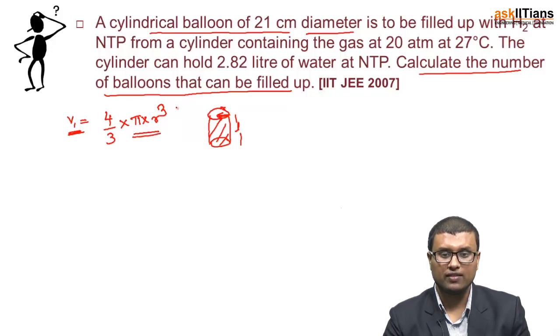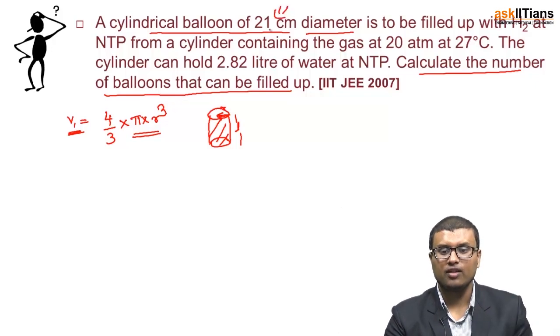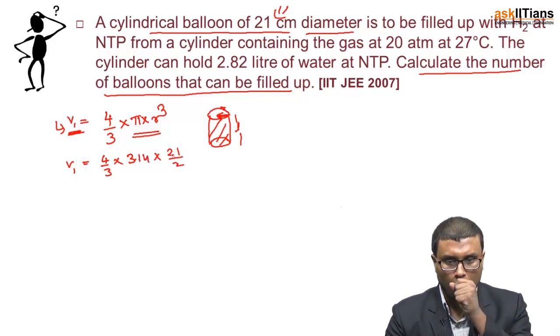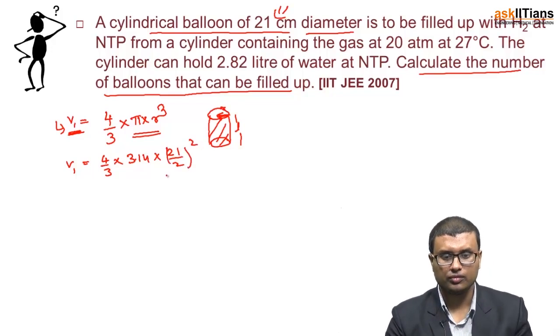Now since R is given, the R value is 21 centimeters, the volume can be 4 by 3 into pi 3.14 into r cube. So the volume of the balloon is calculated.